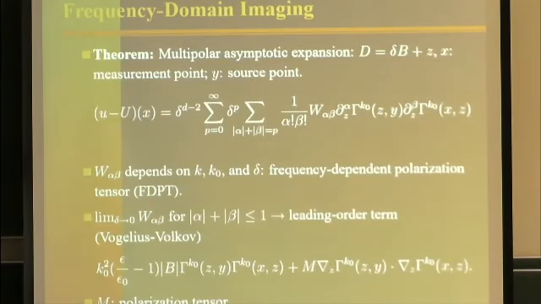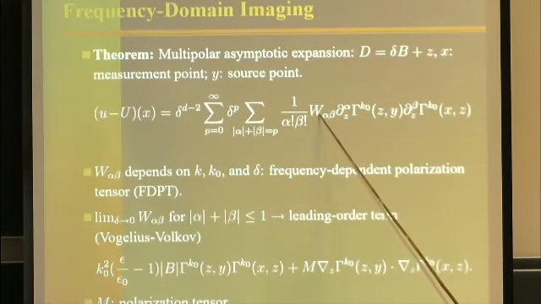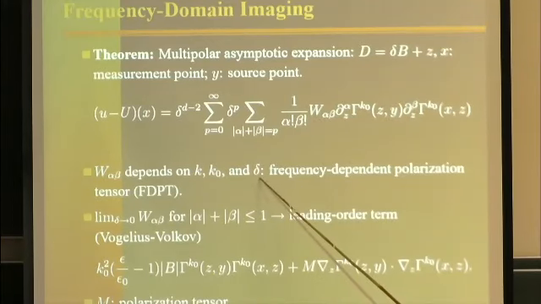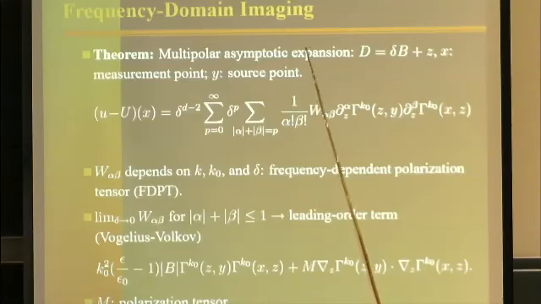So what you measure is the Green function between x and z times some functions, the polarization tensors, which are functions of the domain and the electromagnetic parameters, times the Green function or derivative of the Green function between this point and this point. That's all. This is the asymptotic expansion, and these polarization tensors are now frequency dependent. If you take their limit when delta goes to 0, they give you the polarization tensors I just showed, right?